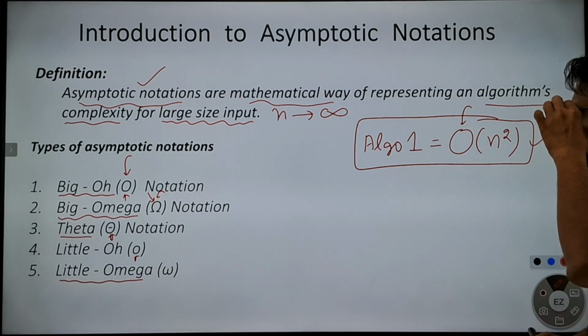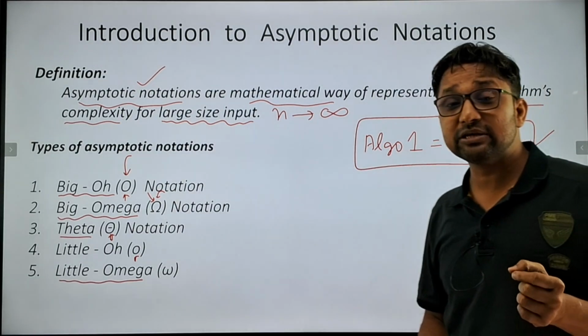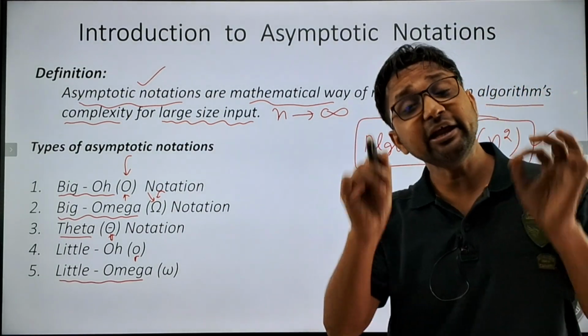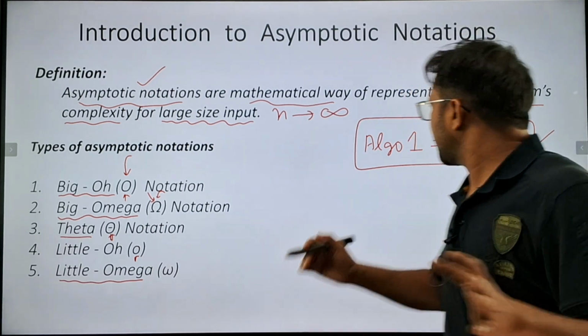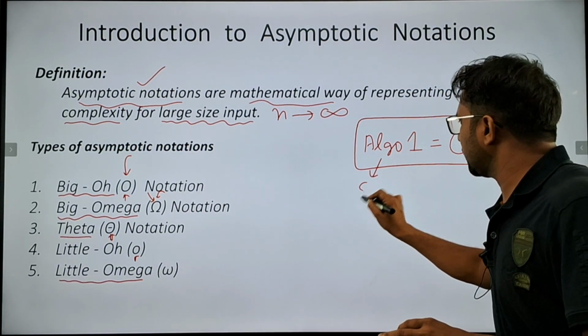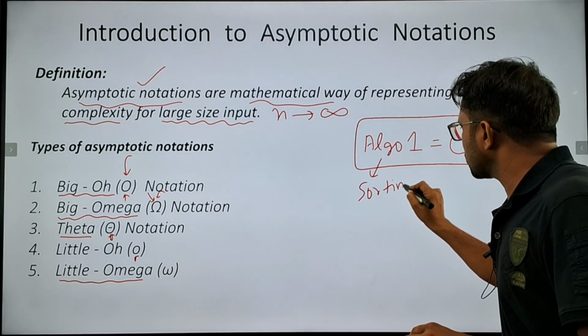What I will understand is that he is trying to say, sir, give any input to my algorithm. Any input means, for example, this algorithm is for sorting the numbers.